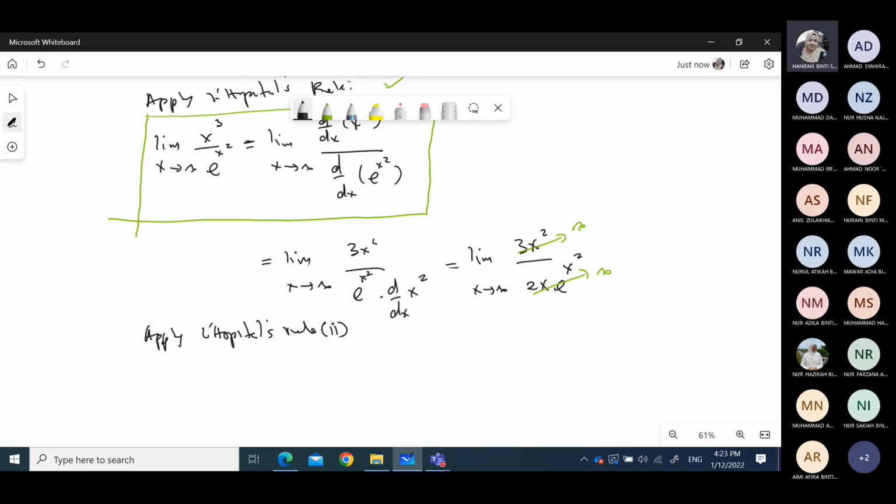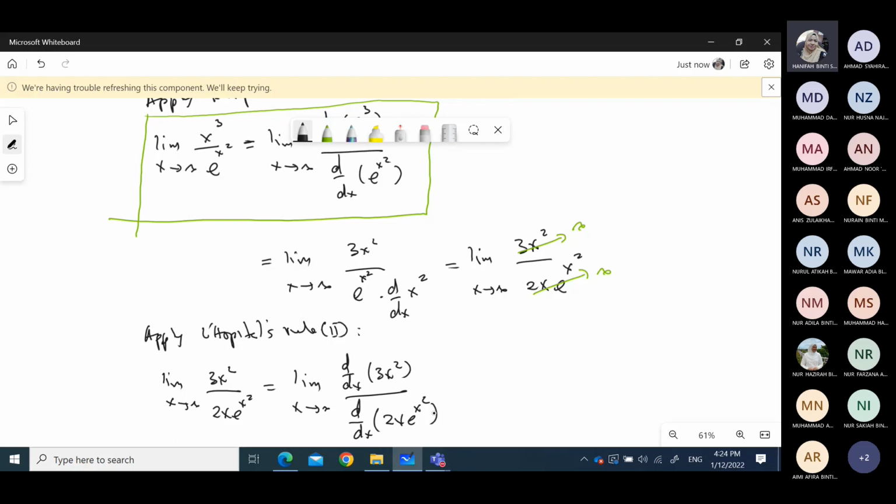So we have the limit as x approaches infinity of 3x squared over 2x exponent x squared, which is equivalent to the limit of the derivative with respect to x of 3x squared over the derivative with respect to x of 2x exponent x squared.